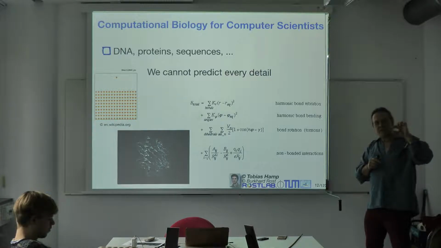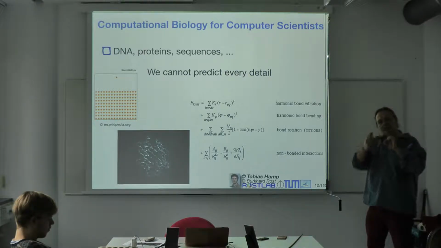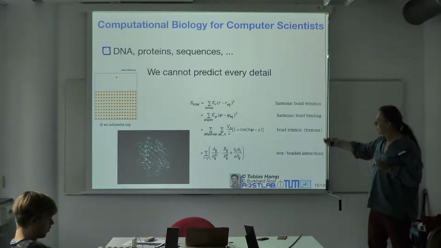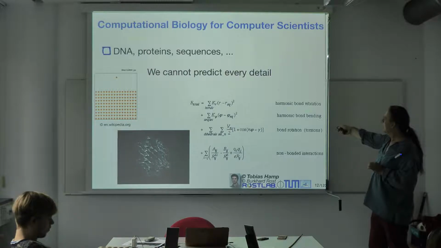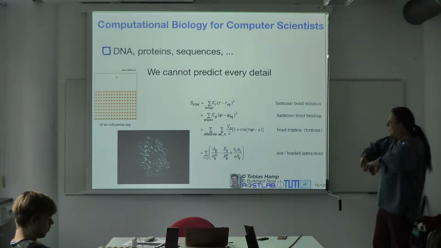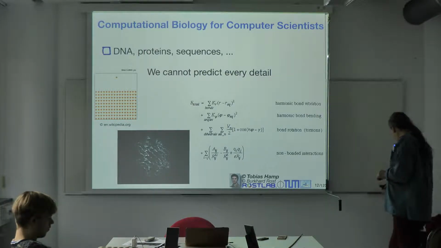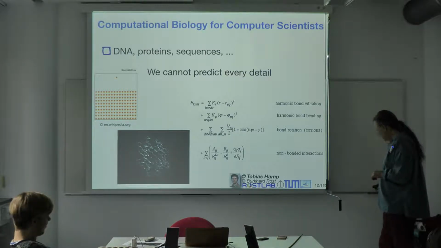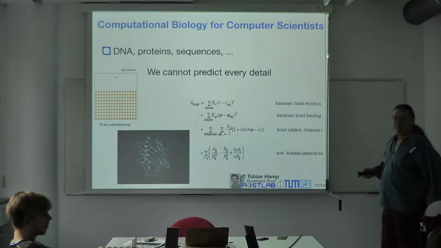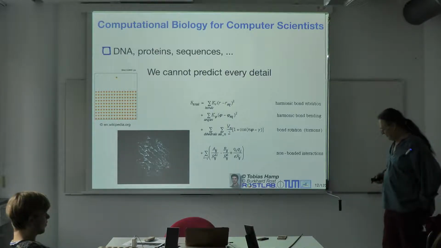You essentially look at every single atom or every single molecule and ask, what is it influenced by? And build up a simple potential here that looks at harmonic bond, bending, the rotation of a bond, and then the interactions of a bond. They're modeled in a simple way. And then they form the protein.